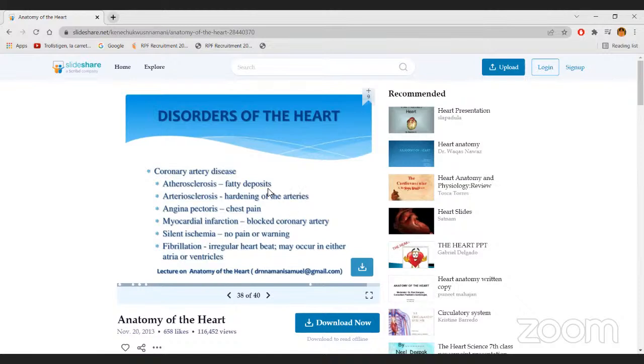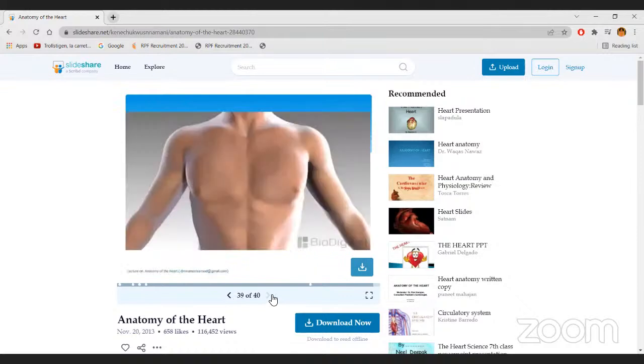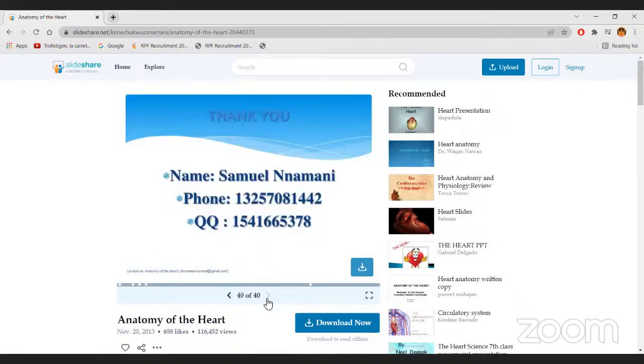Some disorders of the heart are only genetic diseases, and some persons have particular conditions. So this is the location of the heart, on the left side.